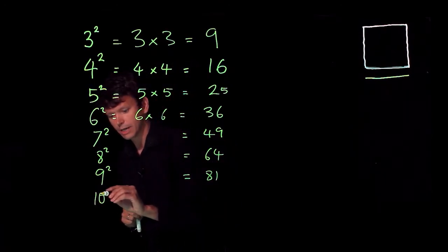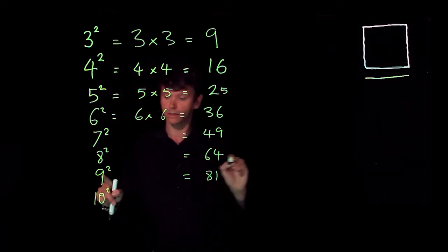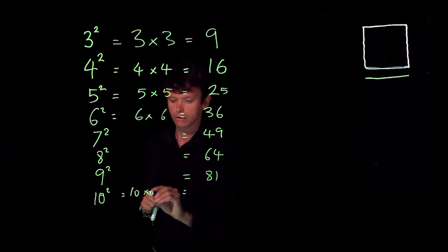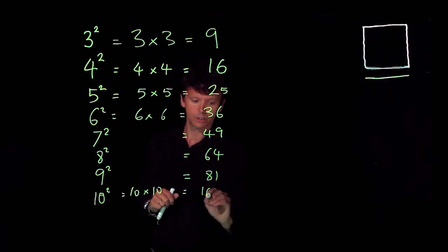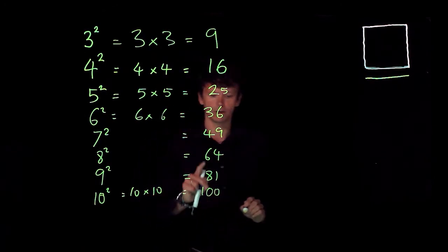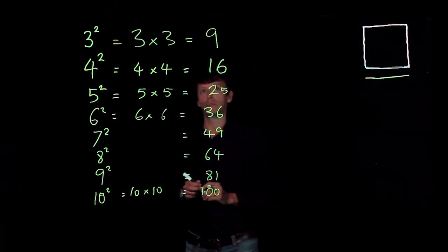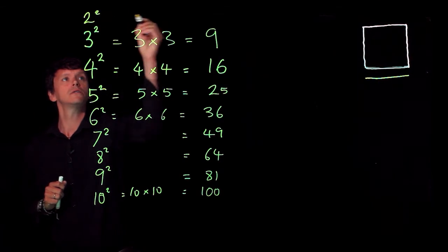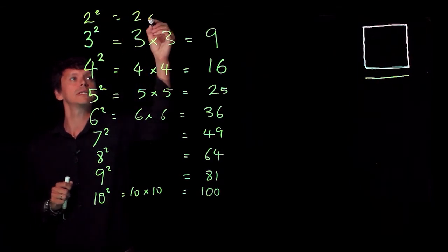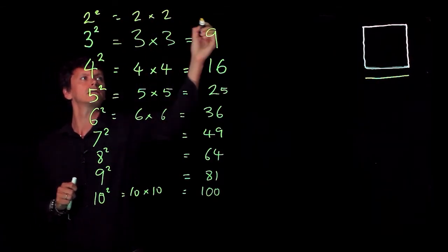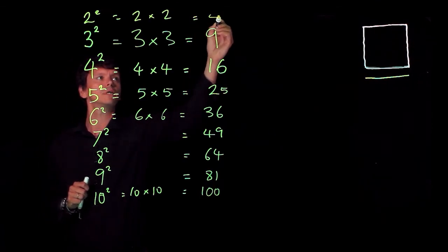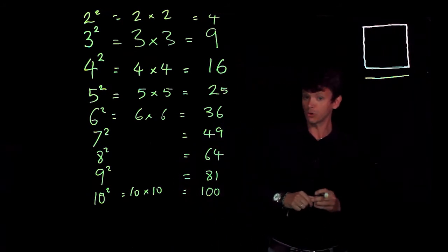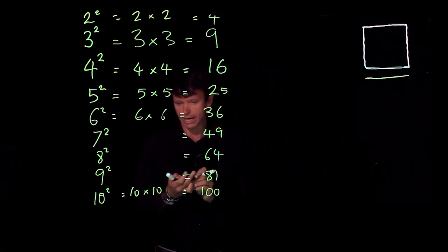And then we go up to 10 squared, a side length of 10. The area is 10 times 10, which takes us up to 100, our first 3-digit square number. The one I missed out at the start, 2 squared, just to complete that sequence, 2 times 2 equals 4. So there's our square numbers, up to 100, up to 10 squared.